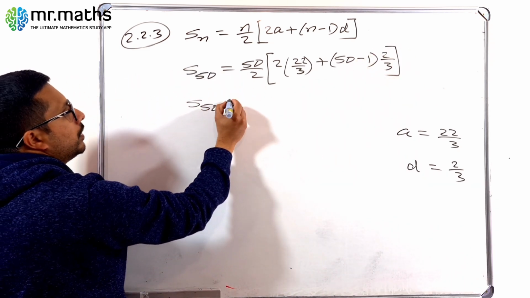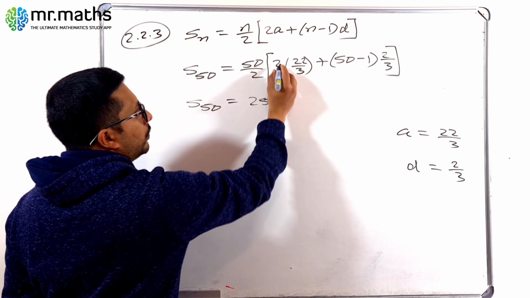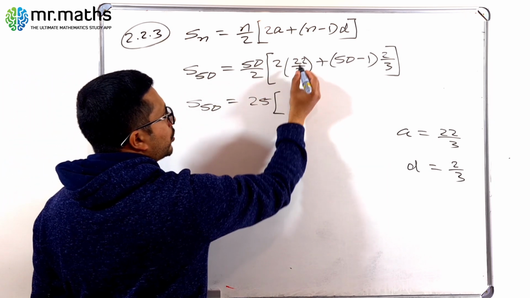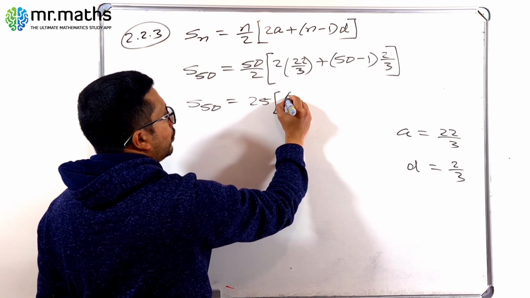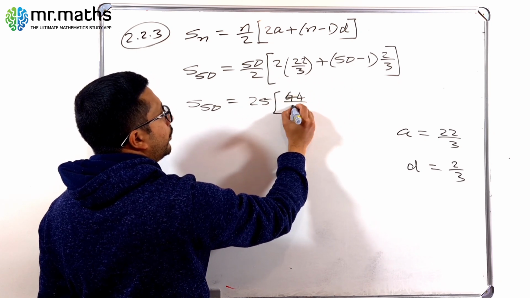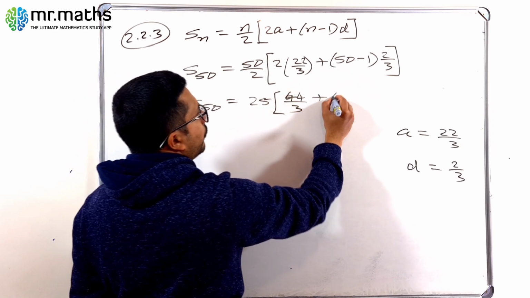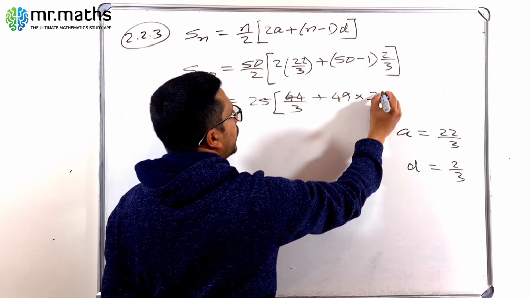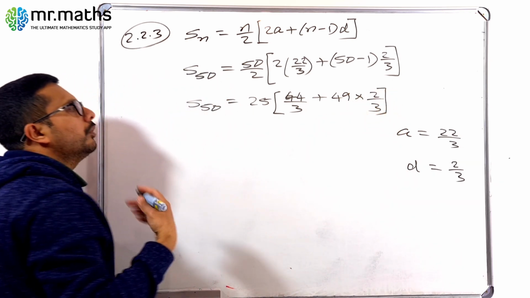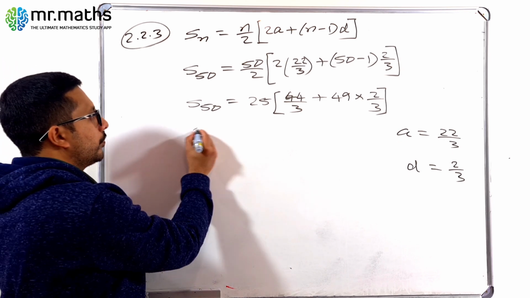S50 is equal to 50 by 2, which is 25, times 2 times 22, which is 44 divided by 3, plus 49 times 2 over 3. If you don't want to do more steps, just take your calculator and find the answer.